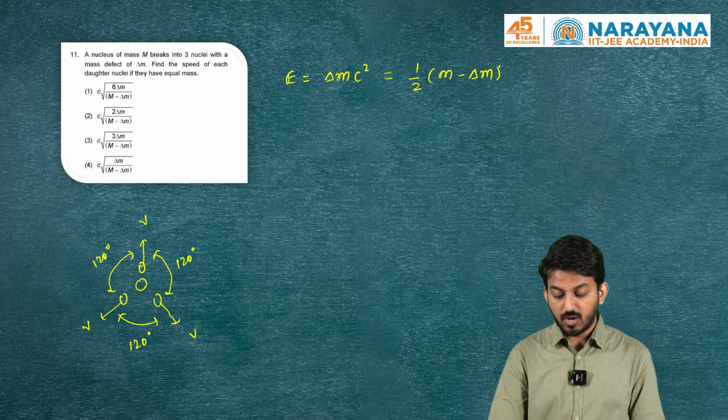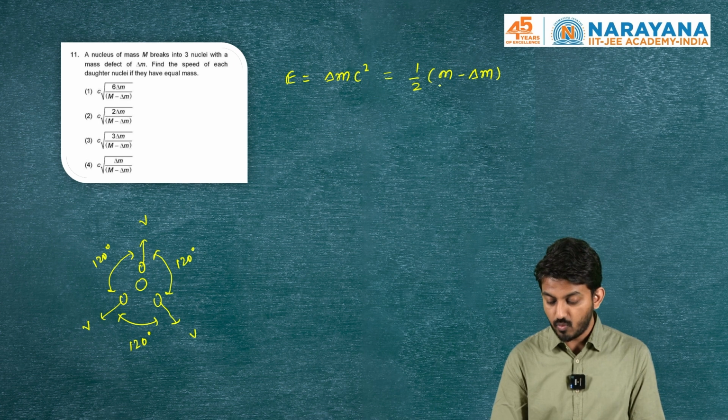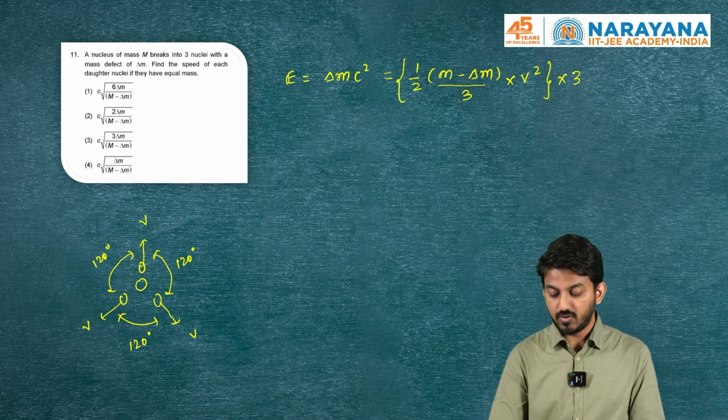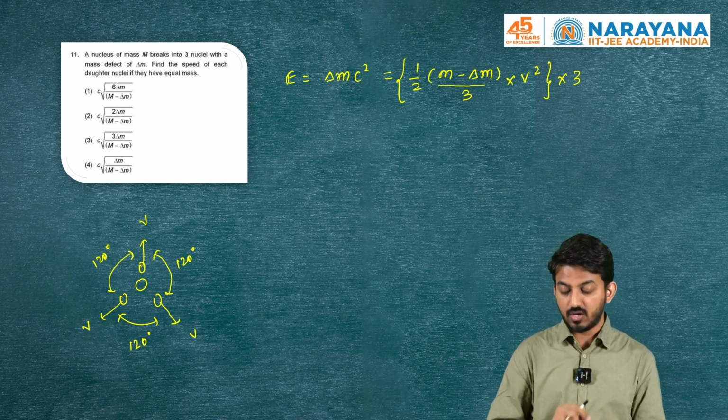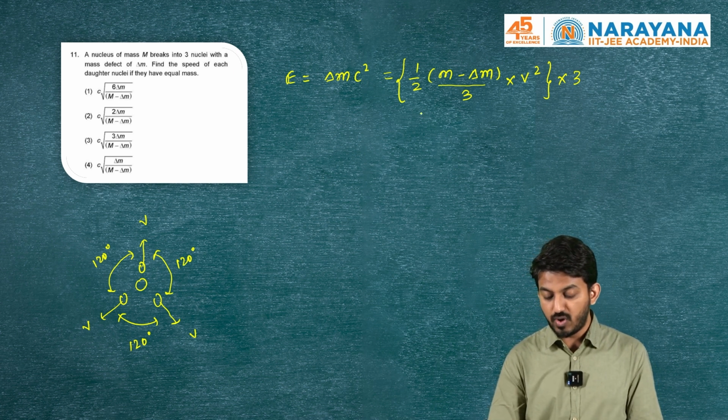Now, delta m is the total mass defect, so we write the mass as 1/3 of this value, into v square. We have three such nuclei. So m minus delta m is the total mass of the daughter nuclei, and 1/3 of that is the mass of one nuclei. So this is the kinetic energy of one daughter nuclei multiplied by 3 for 3.